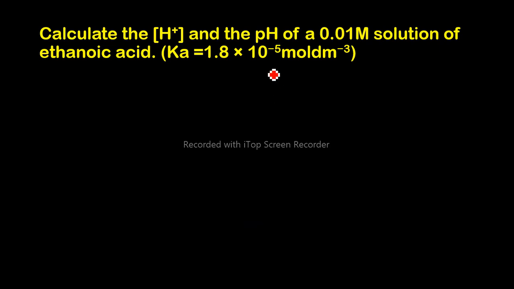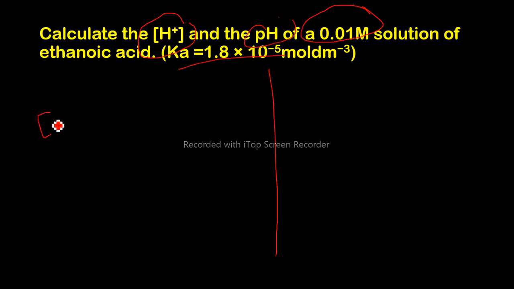So we have an example here. We have our ethanoic acid, and we have the initial concentration, and we have the Ka, and the question wants the pH. So the concentration of hydrogen ions is simply the square root of C, which is 0.01, times Ka, which is 1.8 times 10 power negative 5.